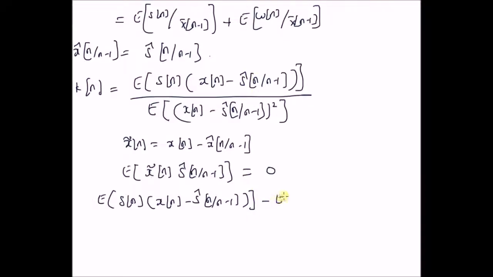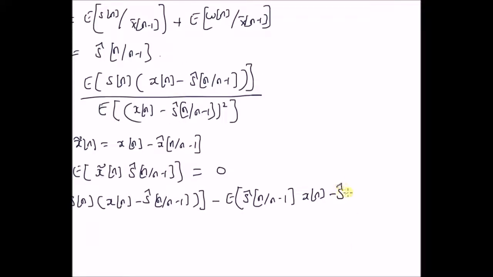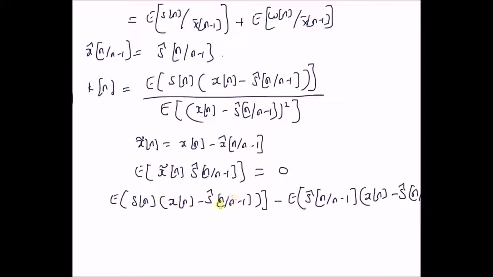So we have minus the expectation of s hat of n given n minus 1 multiplied by x tilde of n, which is equal to x of n minus s hat of n given n minus 1. So now by taking this difference term common in both expectations, we have s of n minus s hat of n given n minus 1 and x of n minus s hat of n given n minus 1.